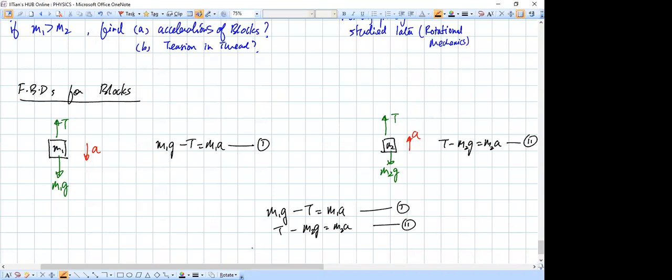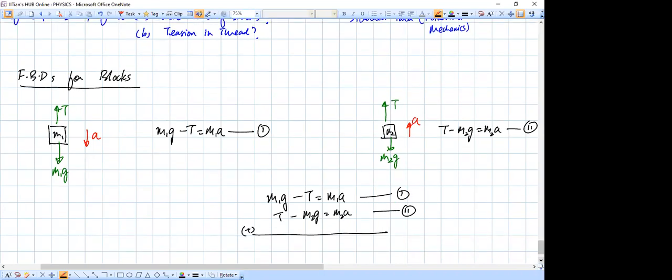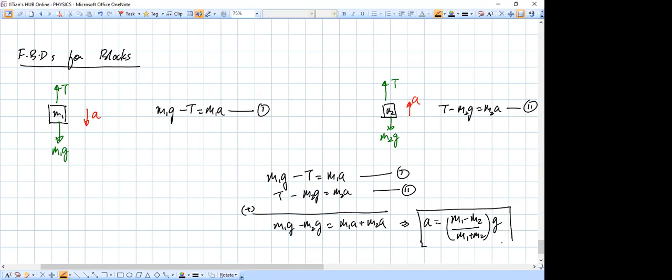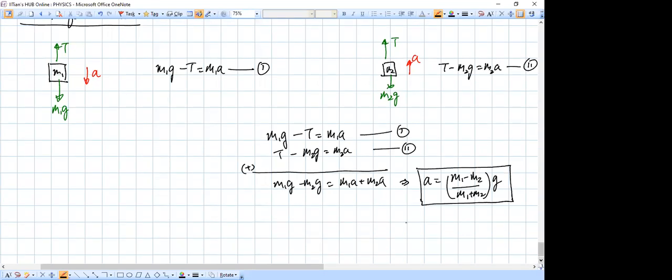The standard method of solving them is to eliminate tension by adding them. And then substitute this in any of the two equations.